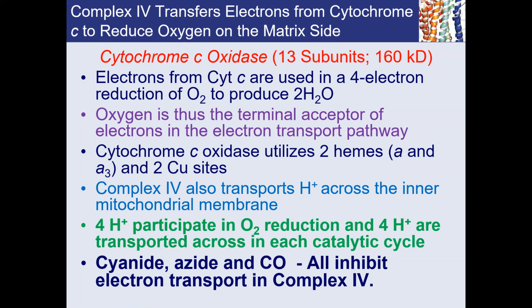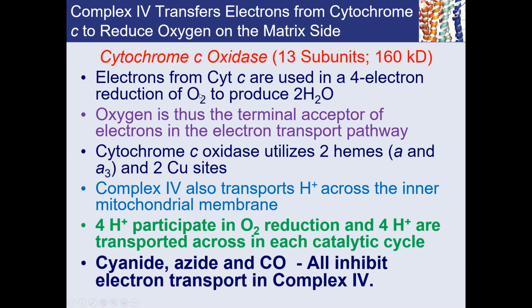Now you took 2 electrons from QH2 and you were able to bring those 2 electrons to cytochrome C 1 electron at a time, because cytochrome Cs are 1 electron acceptors. These cytochrome Cs will go and transfer those electrons to the ultimate electron acceptor in aerobic metabolism, which is molecular oxygen.